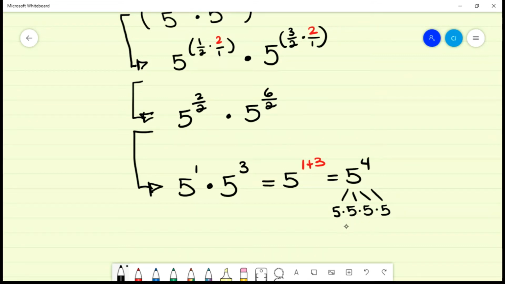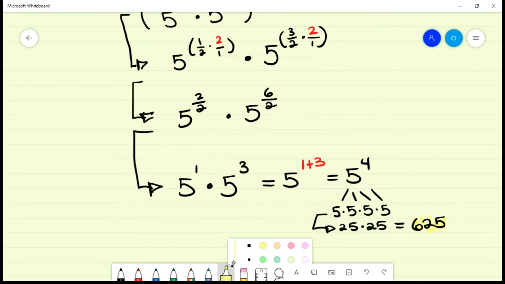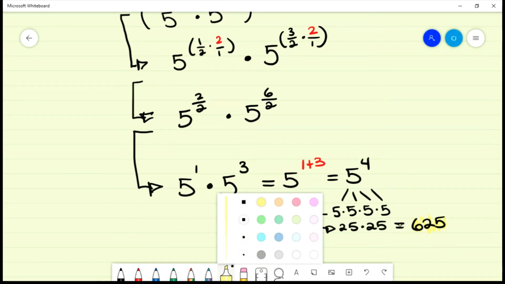So we can actually then rewrite this as 25 times 25, which is in turn going to give us 625, which is going to be our final answer in this case.